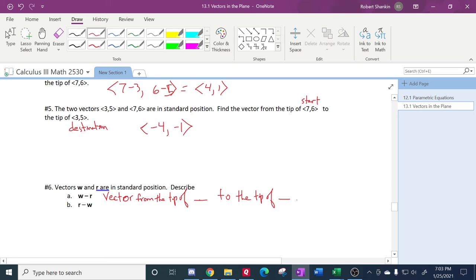What goes in the first slot? I would say R. From R to the tip of, and you put W over here? Yeah.